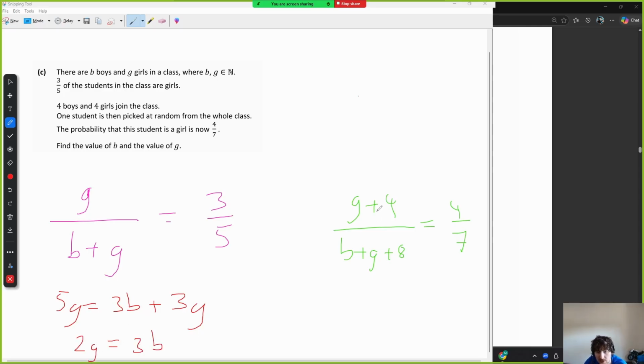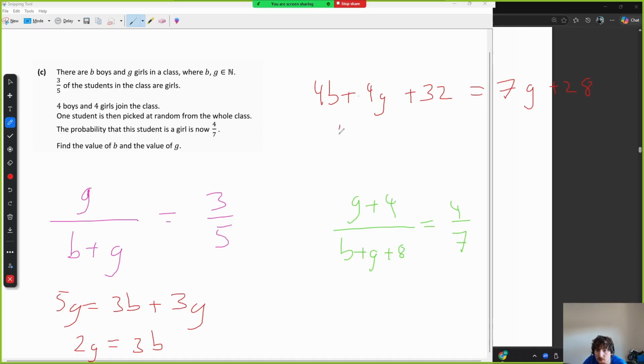We'll come back to this in a second. Cross multiply here, we get 4B plus 4G plus 32 equals 7G plus 28. Hopefully these are all calculated correctly. What's the best way to do this? I'll bring the G's maybe over here.